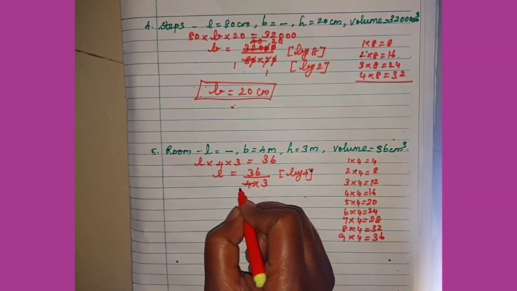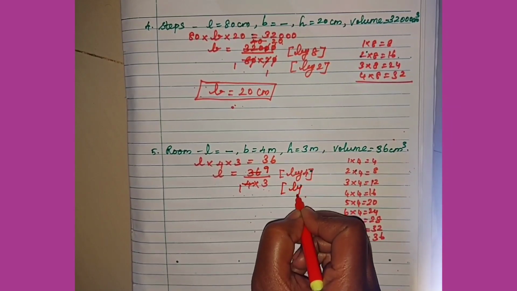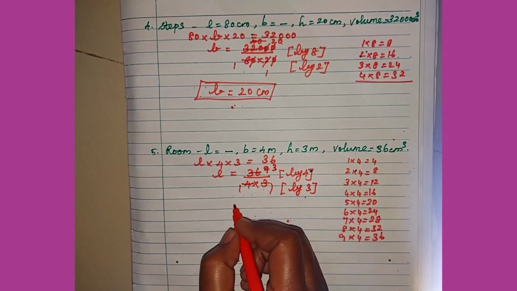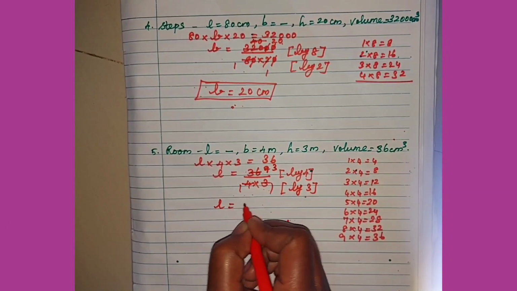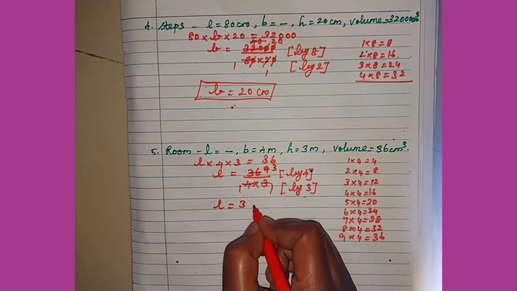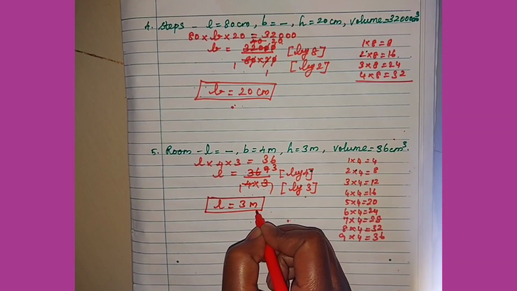So we cancel the value, 1 fours are 4, 9 fours are 36. Next again take the 3 table, means 1 threes are 3, 3 threes are 9. So L is equal to, bottom 1 means no value, upper value is 3. So the measurement is meter. So the answer is length is equal to 3 meter.